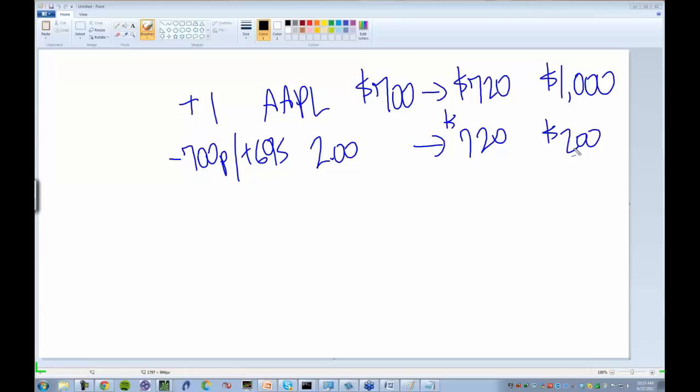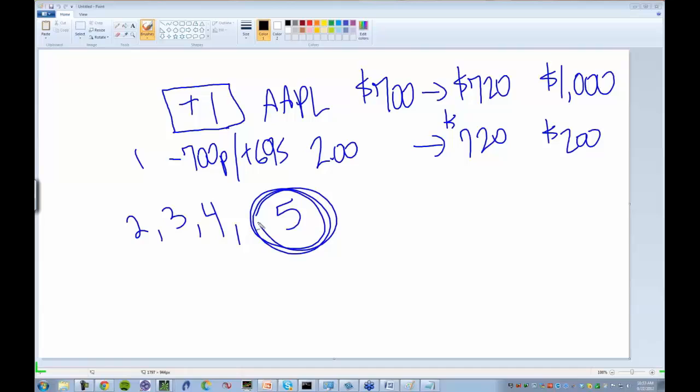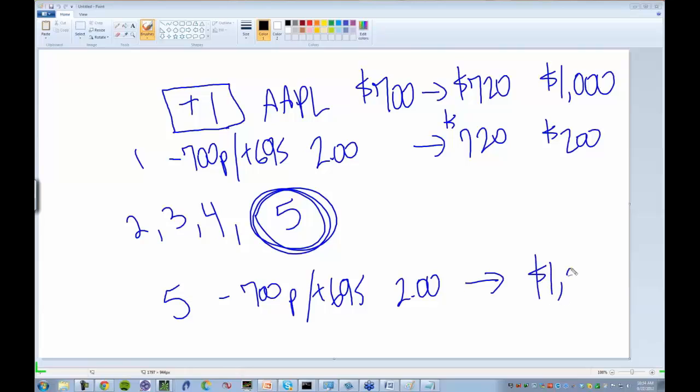Well, guess what I can do here, and this is what I also do: if normally directionally I would do one contract, then instead of just doing one contract on a spread, you can up that. On a spread, I might do 2, 3, 4, or in this case, 5 contracts, because a 5 contract spread at minus 700 plus 695 sold at $2, then that max profit is suddenly $1,000.